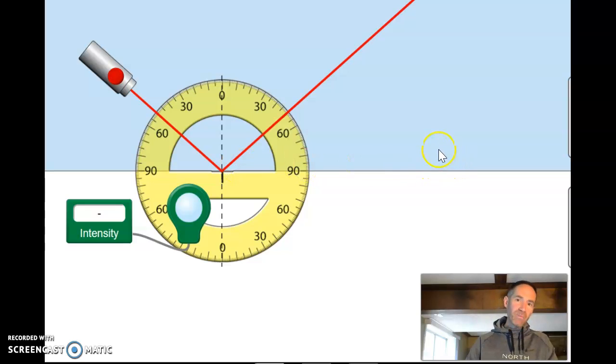Once that happens, we say that's the critical angle for these two substances. And if you have any more angle of incidence than that, you're going to get total internal reflection. And that's what we're seeing right here.